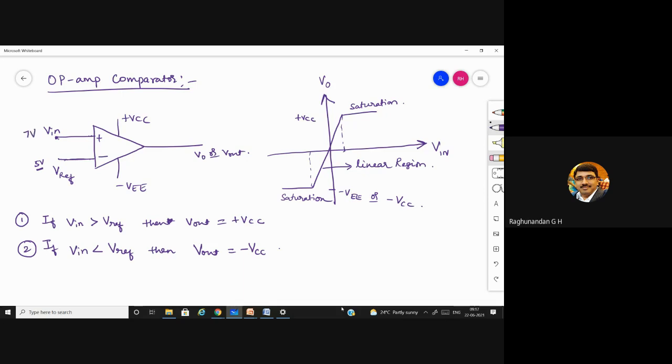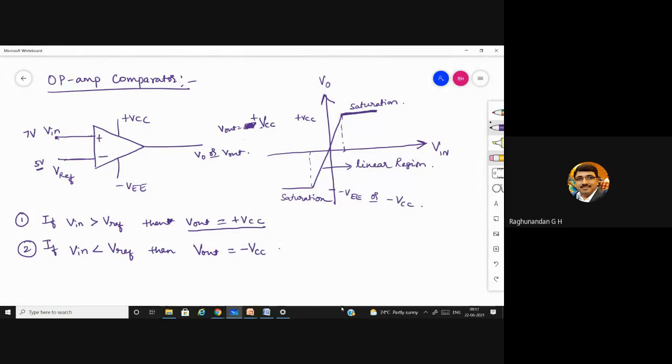Now tell me whether case 1 or case 2 applies. Case 1 applies. During that the output will be shown as VCC. Whatever VCC it has, it will show plus VCC. So it will be at this level.